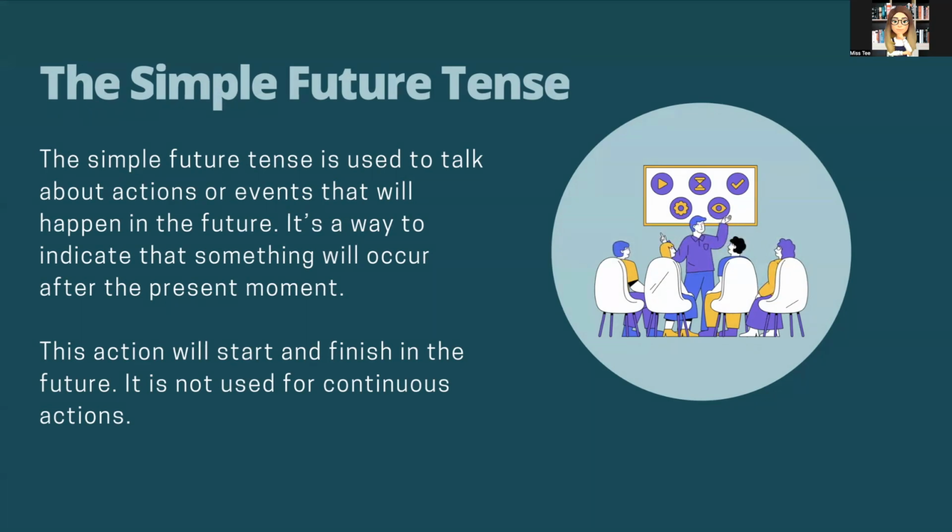This action will start and finish in the future, so it is not a continuous action. We don't use the simple future tense for continuous actions. There's a different tense in English for that, the continuous or progressive tense, but this is only the simple tense.